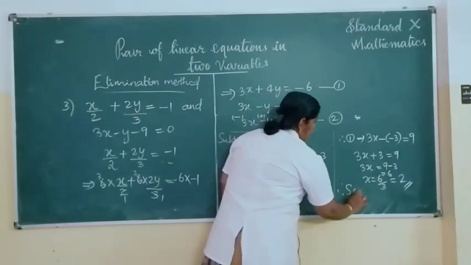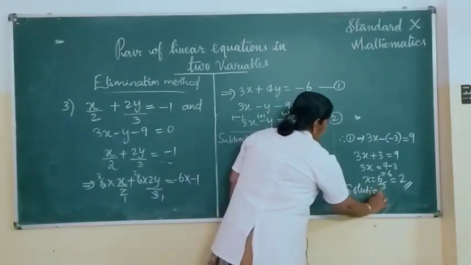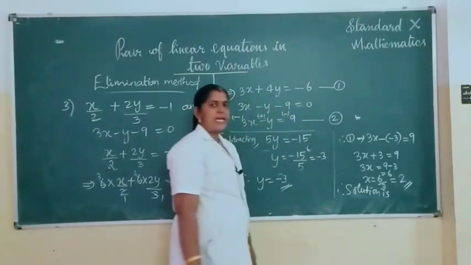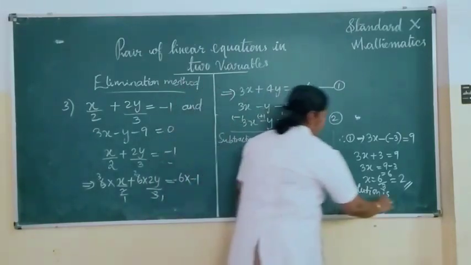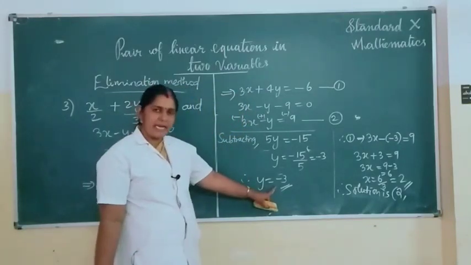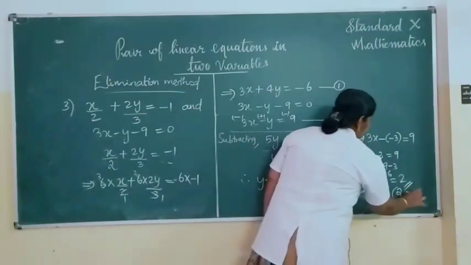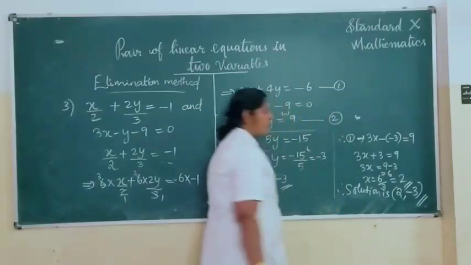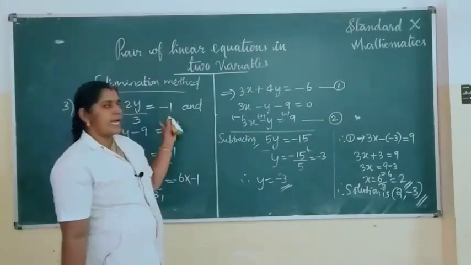Therefore, we can write the solution. First write the x value, so that is 2, and the value of y is minus 3. So (2, minus 3) is the solution of the given pair of linear equations.